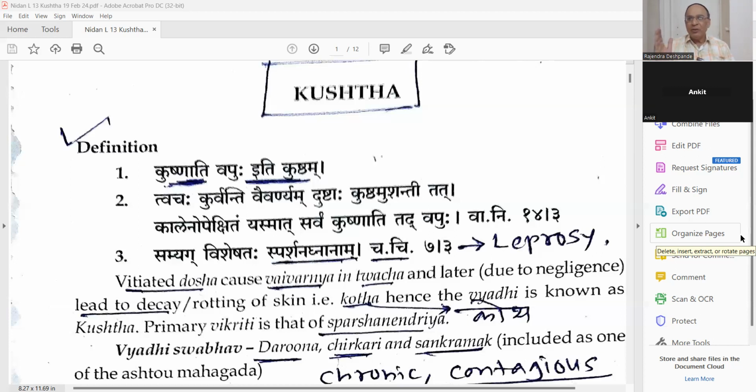Rajyakshma, compared with tuberculosis. Vishamajvara, compared with malaria, that we have already discussed in the Swasthvrutta lecture. Unmad, that is hysteria. Nowadays, instead of hysteria, some psychologists call it ACR, that is acute conversion reaction. Arsha, that is hemorrhoids or piles.